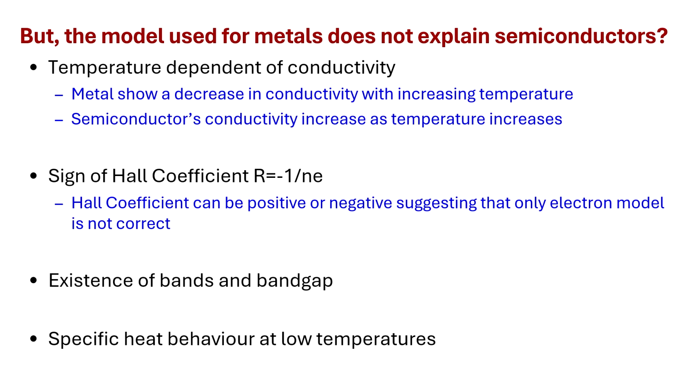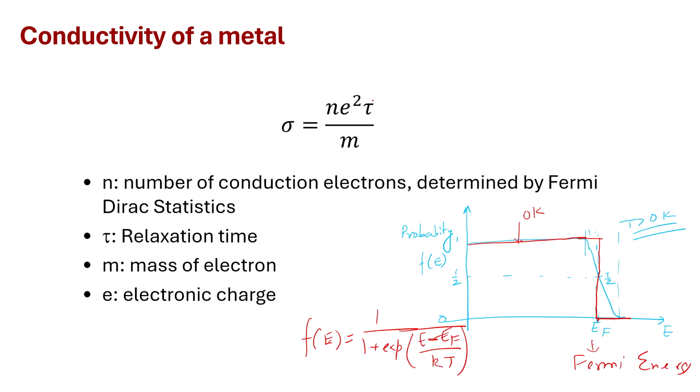Metals generally show a decrease in electrical conductivity with increasing temperature, because as you increase the temperature, this factor τ, the relaxation time, the average time between two successive collisions among the electrons, decreases, because there are more thermal vibrations within the metal. As a result, there is more scattering of electrons.